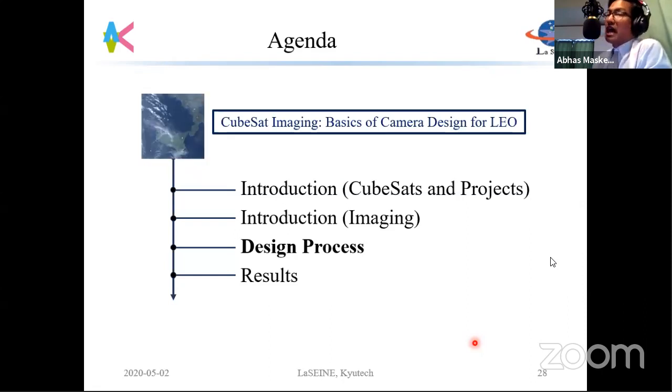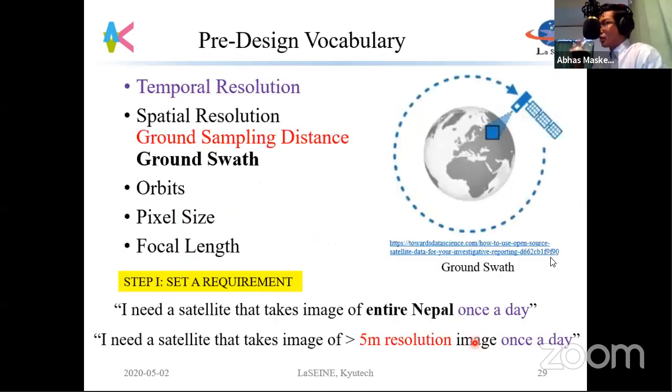So let's now look at the design process. Some vocabulary to understand. We'll look at temporal resolution. Temporal resolution is basically how many times a satellite visits the same place in one day. Okay, so that's temporal resolution.